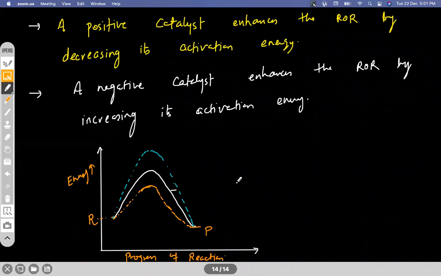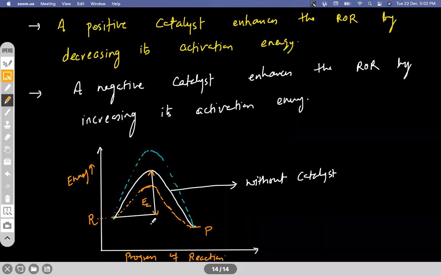This is the graph without catalyst. And if you see the activation energy graph over here, this difference is the activation energy for this reaction. This is EA, activation energy for this reaction. So this graph is without catalyst.